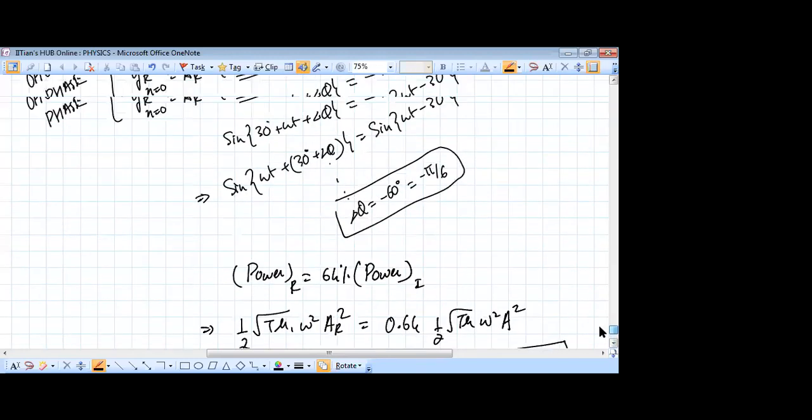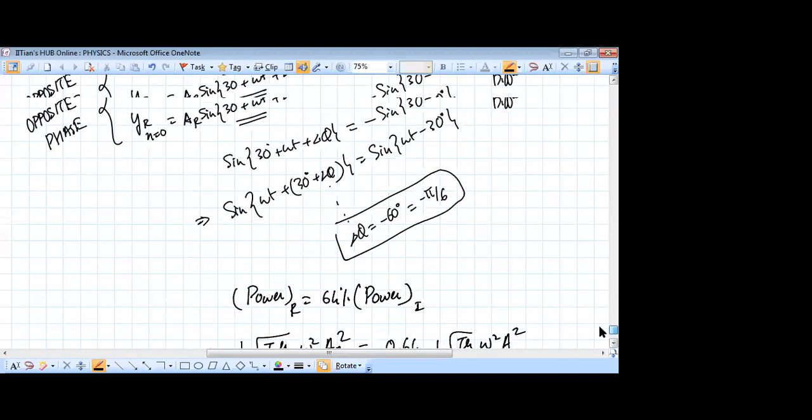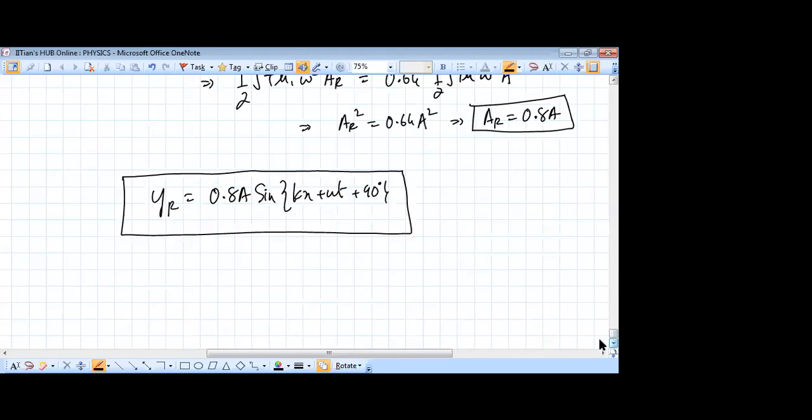Just hang on a second. Let me check this. Oh sorry, it should be minus 30, not 90. This should become minus. This should be the reflected wave because the incident wave was this.